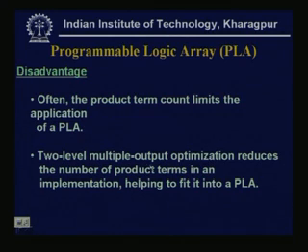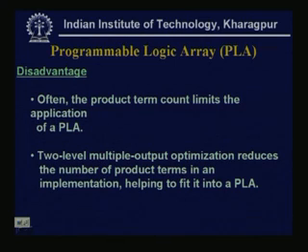Two level multiple output optimization reduces the number of product terms in an implementation, helping to fit into a PLA, and there are some improvements or refinements in PLA design, so this problem can be overcome. Another thing we can do is called PLA minimization.